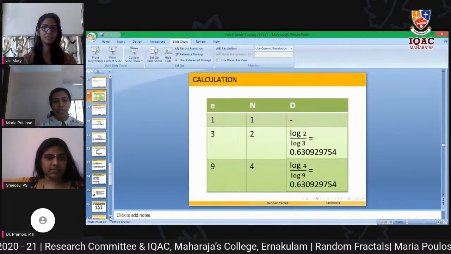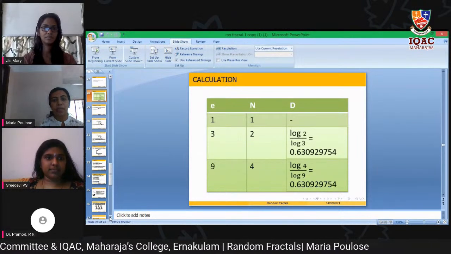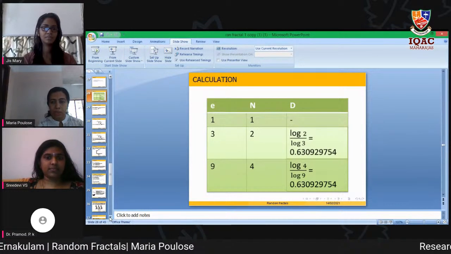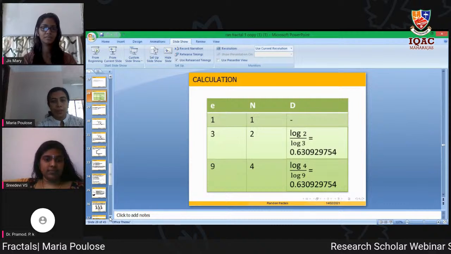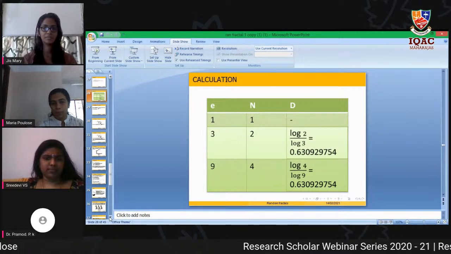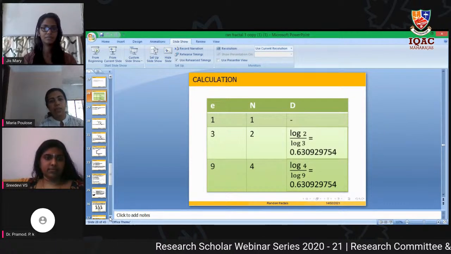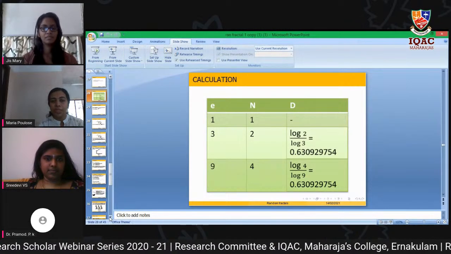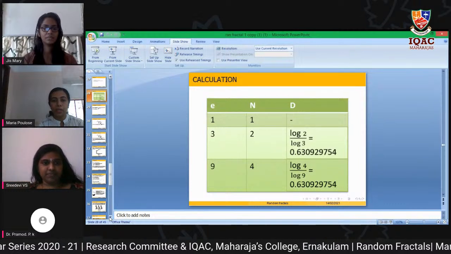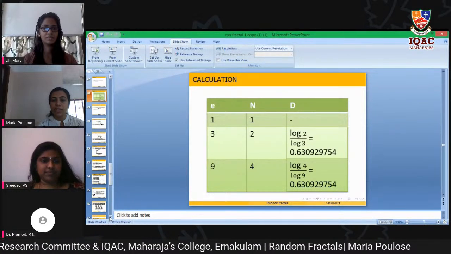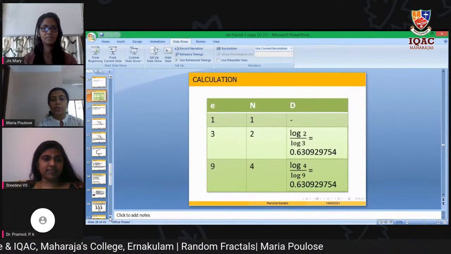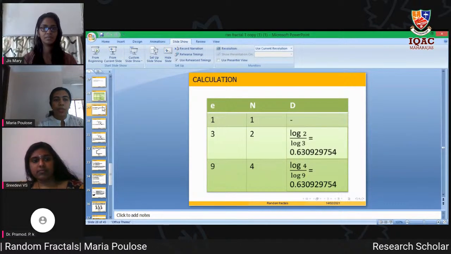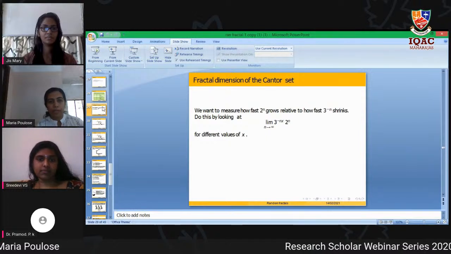So log N by log E, that is log 2 by log 3, equal to 0.630929754. Then in the next stage, we have E equal to 9, N equal to 4. Therefore, D equal to log 4 by log 9, which is 0.630929754. So that is the calculation table we have found.